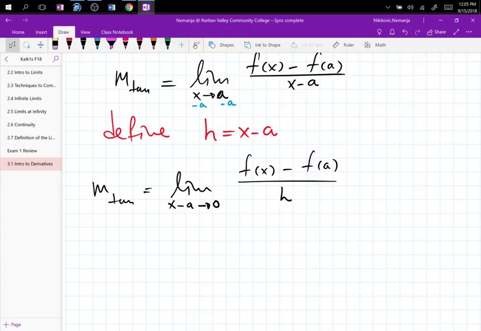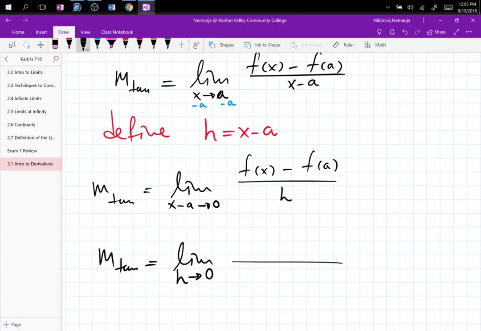Now, x minus a is also h. So m tangent is the limit h goes to 0, and over here I have over h. If you take a look at this, guys, I eliminated all x's.